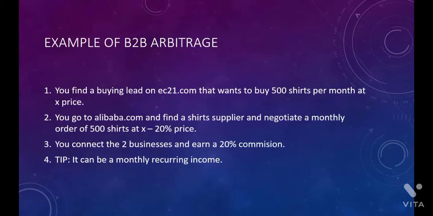Because most of the time between businesses, they practically have monthly transactions. Why? Because a certain business needs a certain material or a certain supply of something, okay, and practically needs it on a monthly basis to run its business. That means you will have transactions again and again and again, which practically means for you a recurring income if you negotiate your deal right.